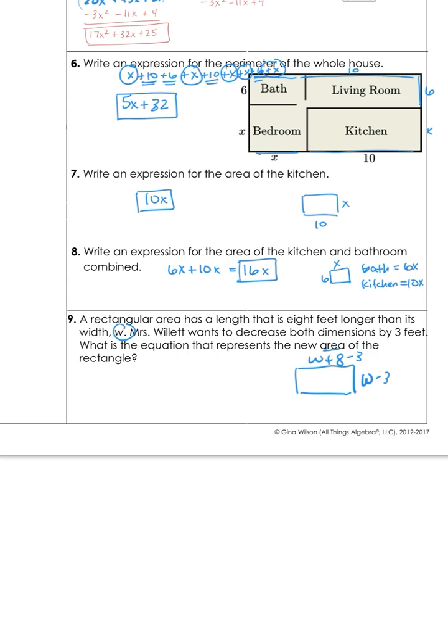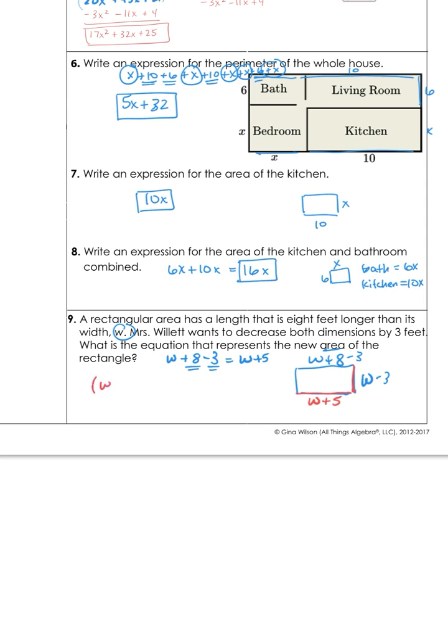Okay, so if I have W plus 8 minus 3, that's the same thing as W plus 5, right? So really, I could say W plus 5 is the length, and W minus 3 is the width. So to find the area, I'm just going to multiply those two things together.